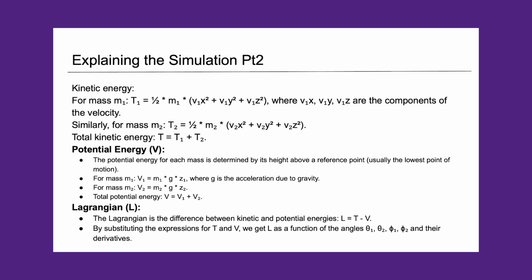The total potential energy is V equals V1 plus V2. The Lagrangian is the difference between the kinetic and potential energies, so L is equal to T minus V. Substituting the expressions for T and V, we get L as a function of the angles from the previous slide, theta 1, theta 2, phi 1, and phi 2, and their derivatives.